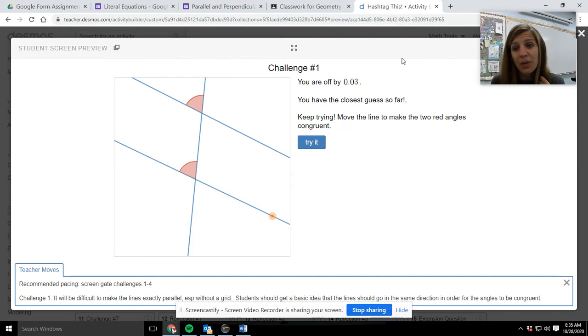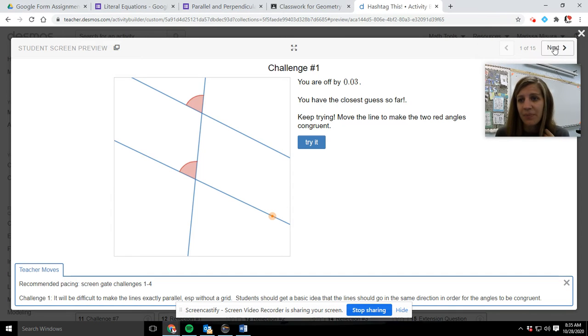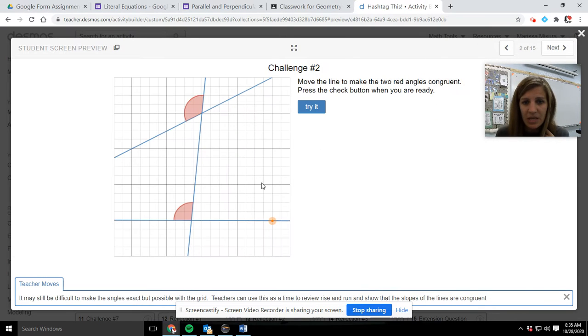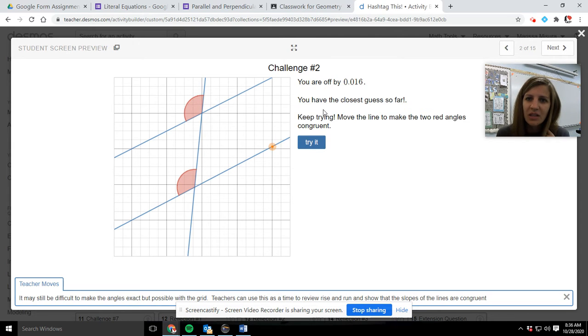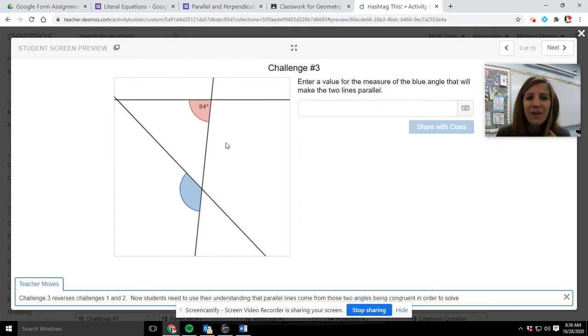Okay, so we're pretty close. And we don't have to go through this whole thing because you already did it, but if we mess with this, hopefully what we noticed is that once we have a pair of congruent angles, oh dang, that's close, we can see that the lines will be parallel. So in this case, this pair right here is trying to be corresponding.